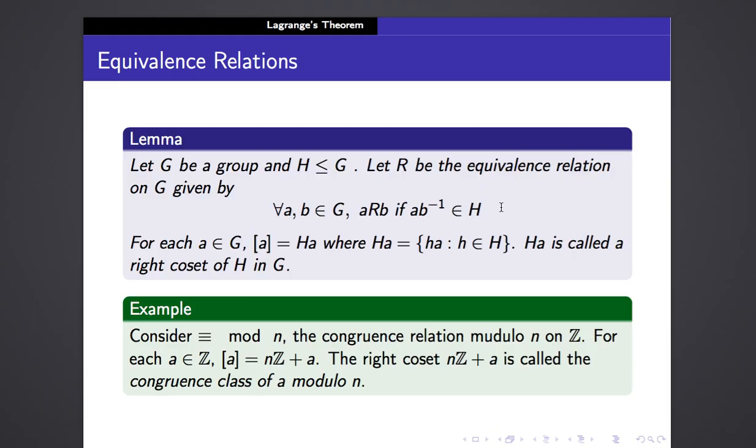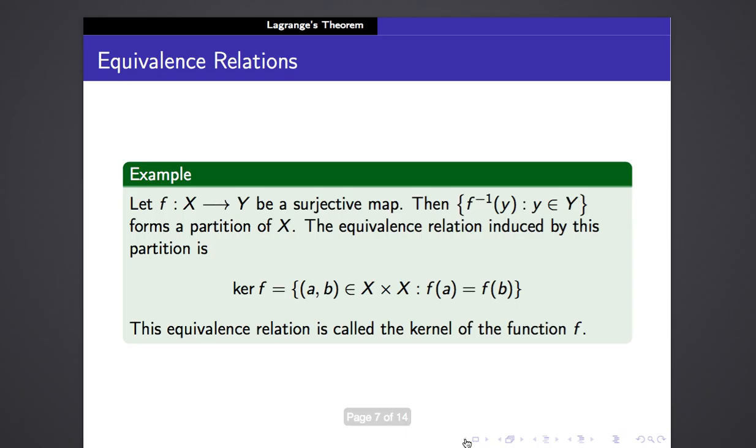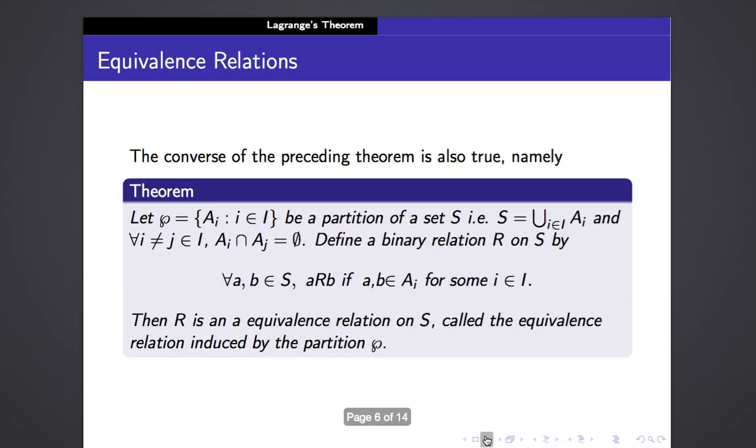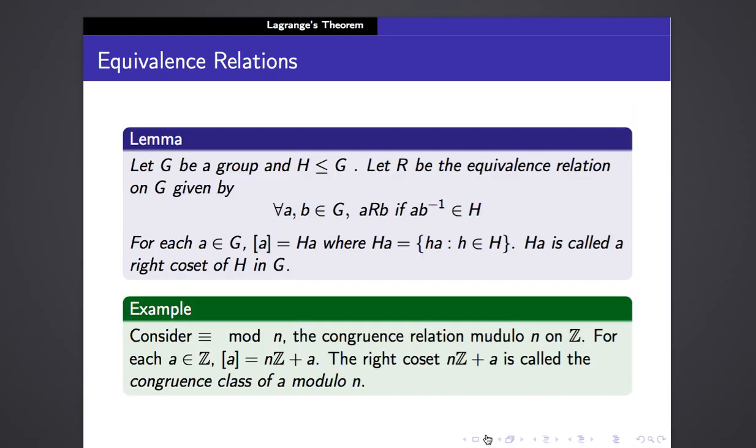And this equivalence relation partitions the group into right cosets, by this theorem here. So that is going to be the starting point of Lagrange's theorem.